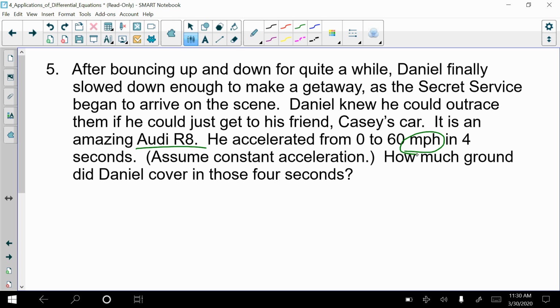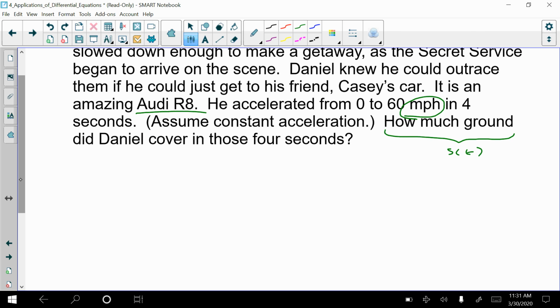So in this example, we're going to take the acceleration function and do it backwards, and change it from miles per hour into feet per second. So that's one thing that we need to make sure that we look at. And then it says, how much ground did he cover in those 4 seconds? So this bit here, how much ground, we're talking about a position, so we have to identify what the position function is going to be in order to show how much ground he actually covered.